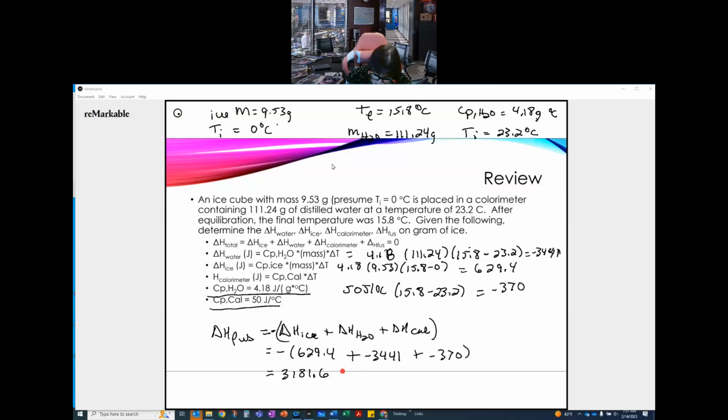Okay, and of course that's in joules. So if I wanted to put it in kilojoules, I would divide that by 1,000, and that would give me negative 3.18 kilojoules.